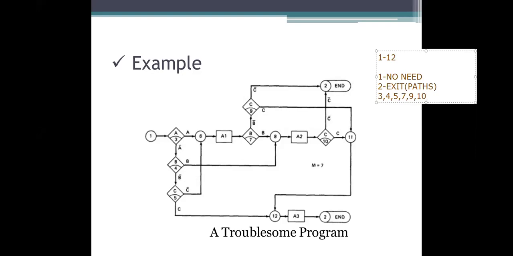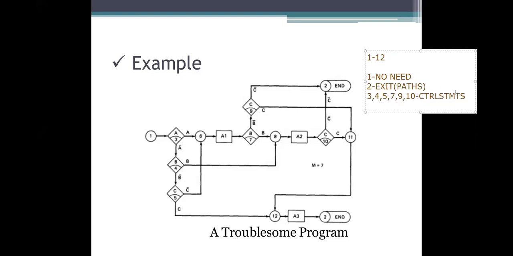These are considered as a control statement. So there is no use of plotting the values to that one. And the remaining. So what are the remaining there? 6, 8, 11, 12.